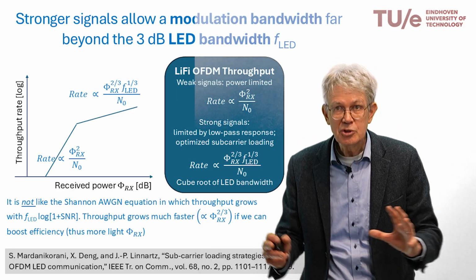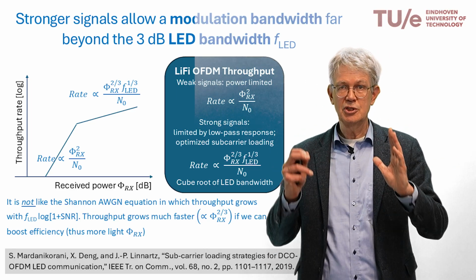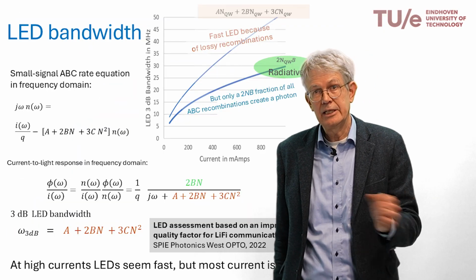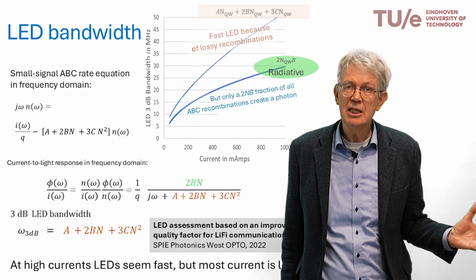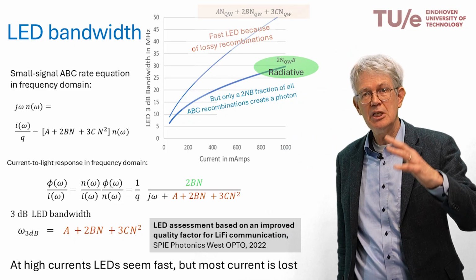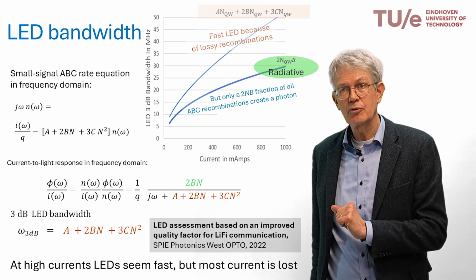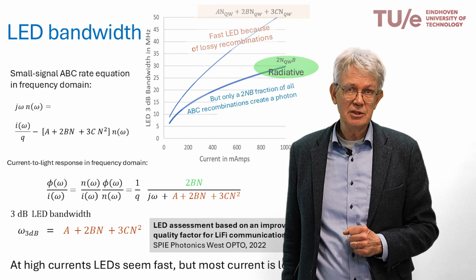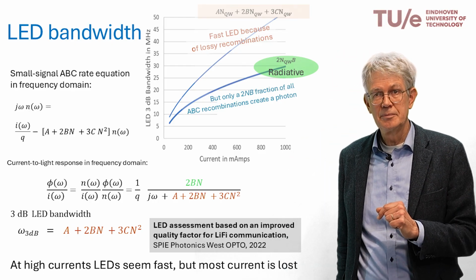So the rules of the game are very different if we talk about LEDs or for a strictly band-limited radio channel. And then it of course becomes relevant to talk about what is the bandwidth of the LED, how can we improve it, should we go deeply into droop? Well, if we push more and more current through the LED, the radiative recombination increases, yes, but the droop grows much faster.